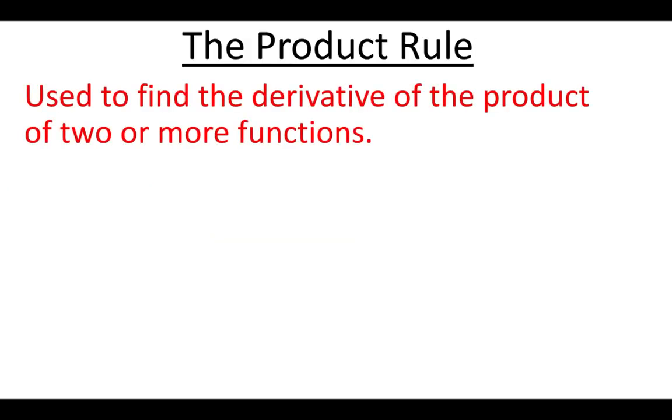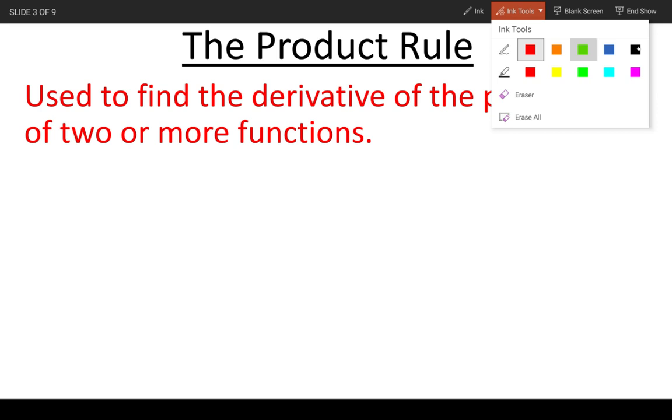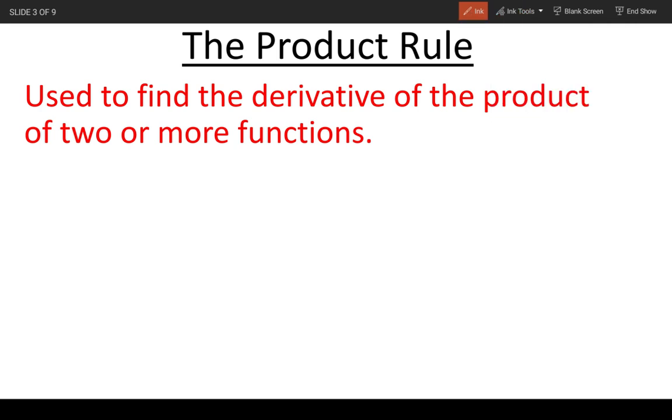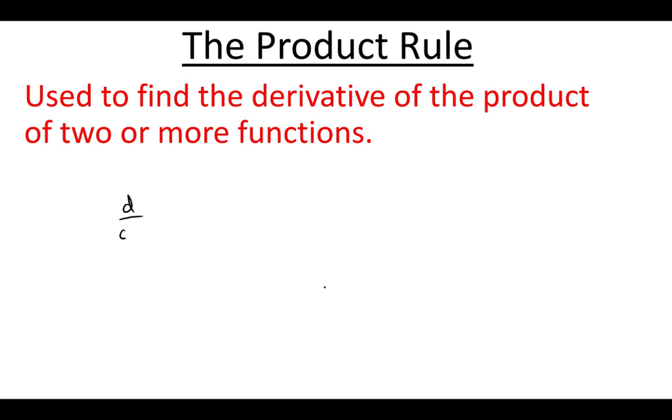So the product rule is used to find the derivative of the product of two, or it could be more, functions. This rule, which you do need to memorize, don't think of it as memorizing the formula necessarily, but just memorizing this process. So to define the derivative of a function, we're going to call f of x times g of x. Or you could write this as just f times g if you wanted to.